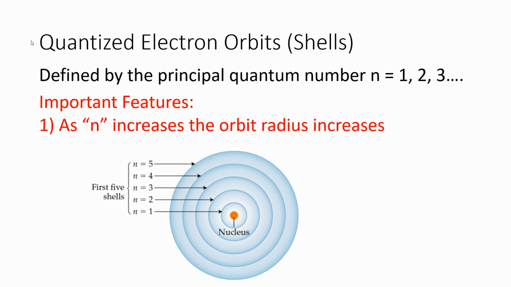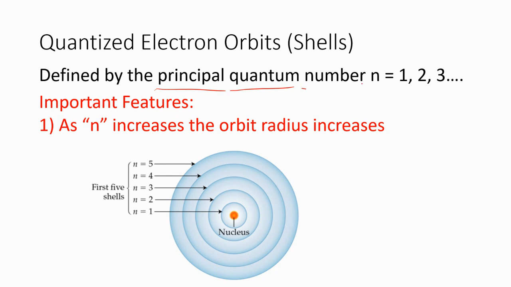And so to do that, we're going to start with the notion that each shell had a particular energy, and we would call that a quantized or a specific amount of energy, and that those shells could be defined by something that sounds really complicated, but in the way that we're going to use it isn't too bad.